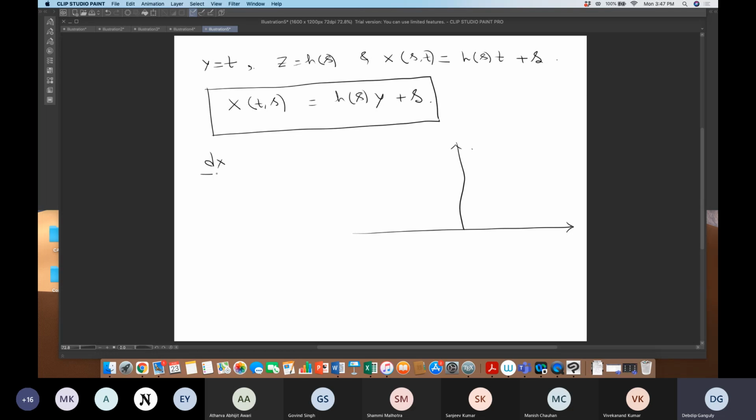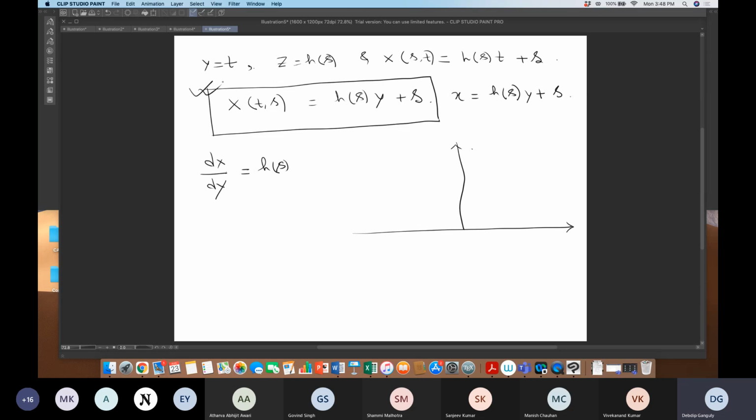So what is dx by dy? If we change the variable, x equal to h of s times y plus s, you can change s also, but anyway, it doesn't matter. What is dx by dy? h of s.